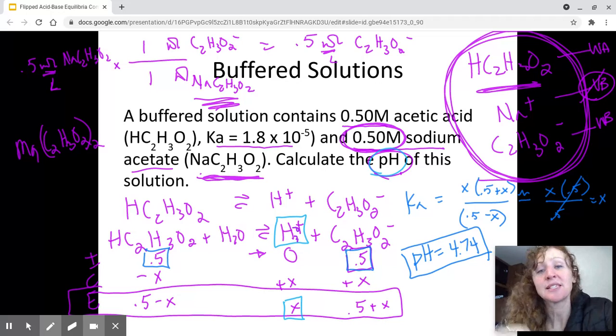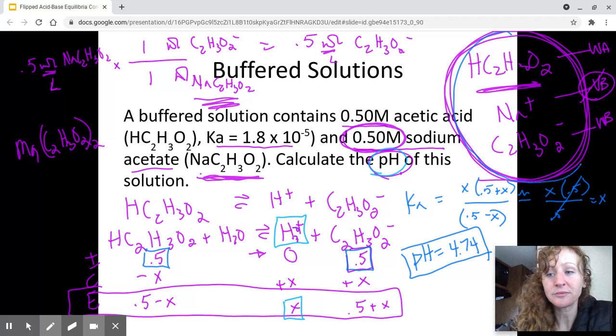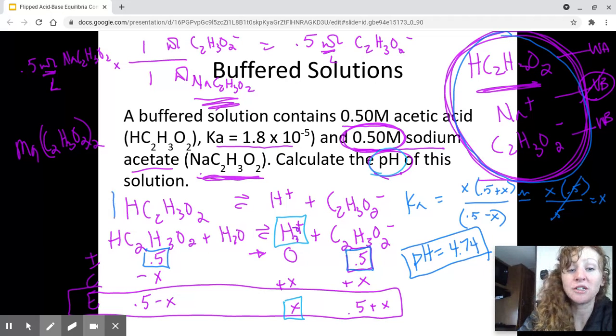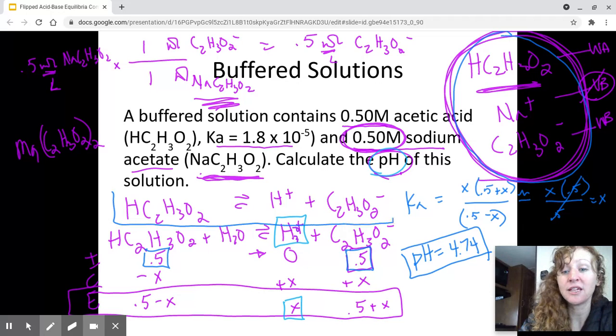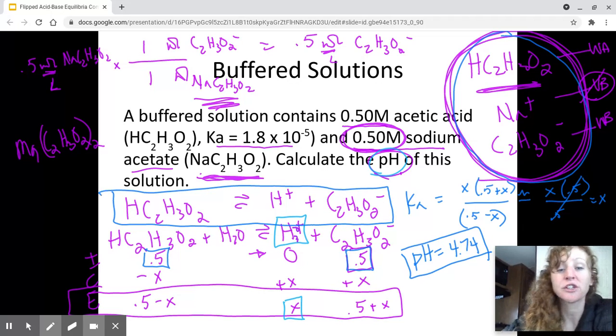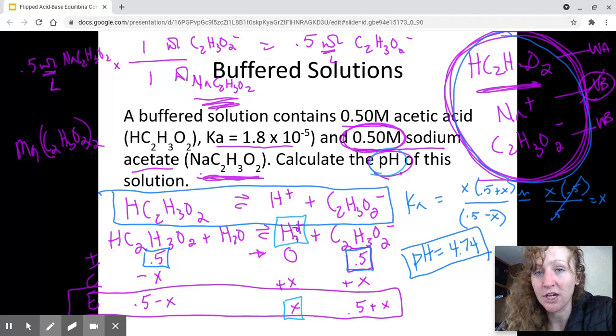But this slide is good for us to see what kind of things are present in a buffer, and what the reaction would look like if I care about the pH of a buffer. Remember that reaction will look different if I care about ions not included in that reaction. For example, if I care about the sodium ion, I couldn't use that reaction, right? I'd have to use a different reaction.